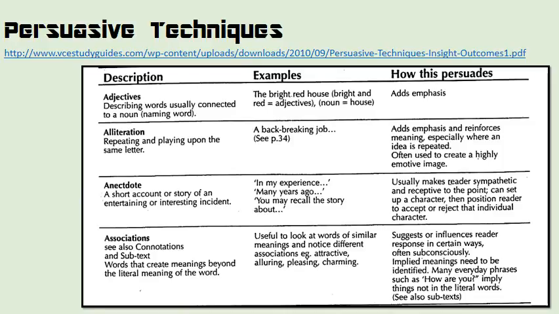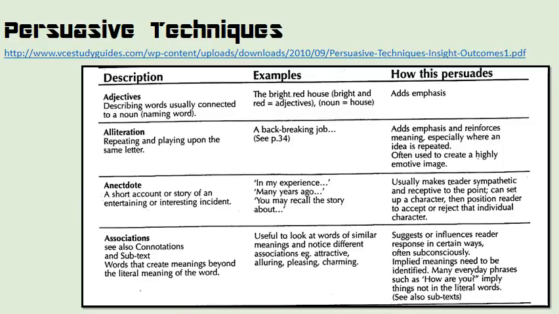So here the example is a back-breaking job. First of all, the repetition is in the sound B, back-breaking. Provides emphasis on that. It also happens to be an image of a threatening body. Our backs are breaking under the strain. So it's suggestive of more than just alliteration here.